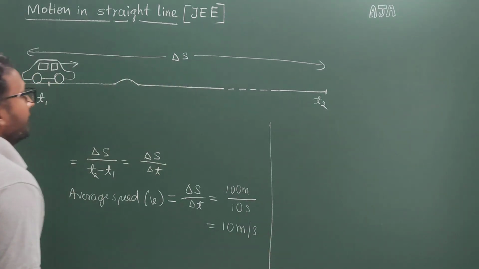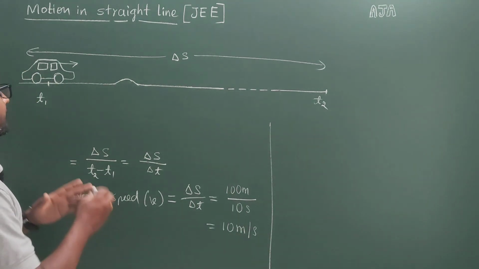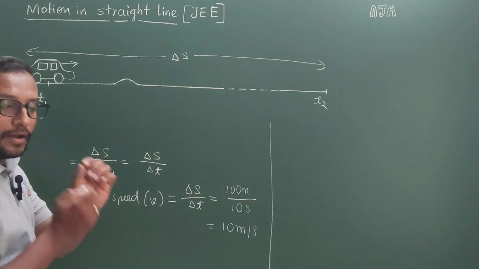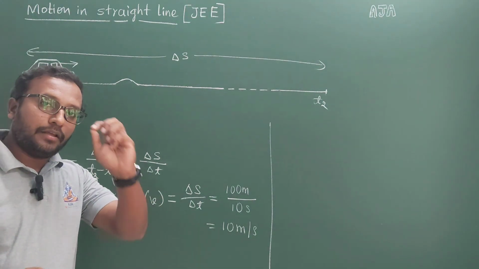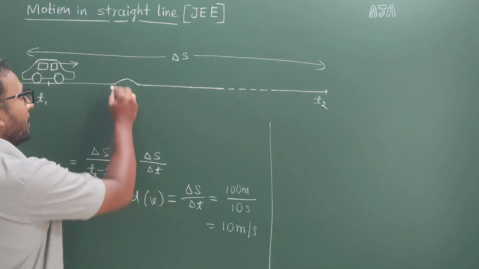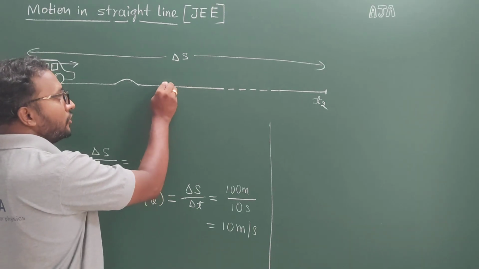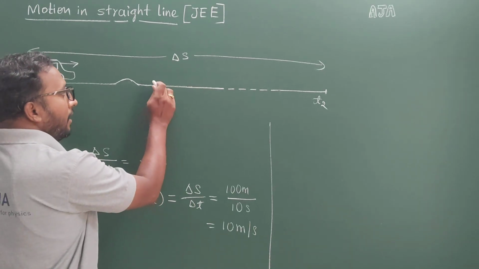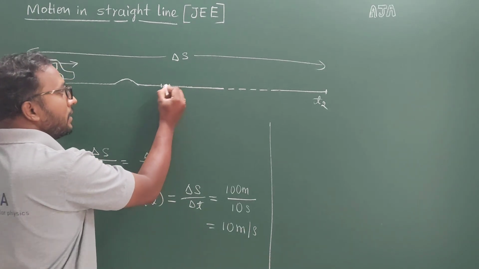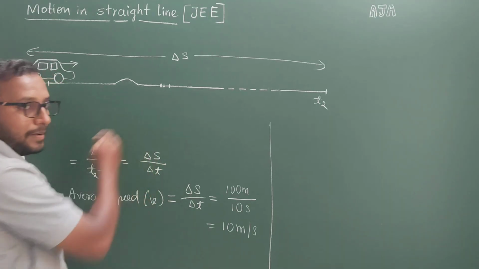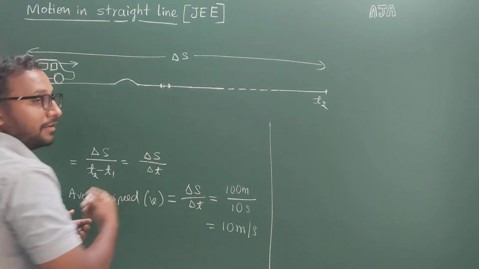Now assume that you want to calculate the speed of the car at a particular instant and at a particular position, say for example immediately after the hump, maybe the car is here, this is the position of the car, when the car is moving from here to here, a small displacement, by taking a small interval of time.